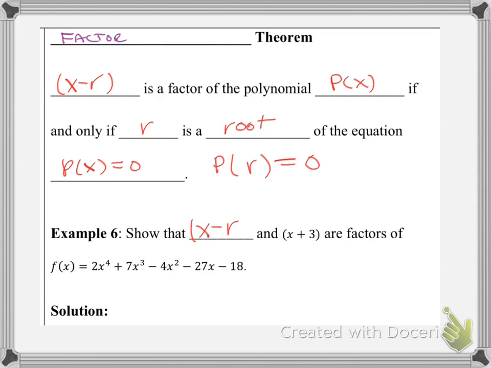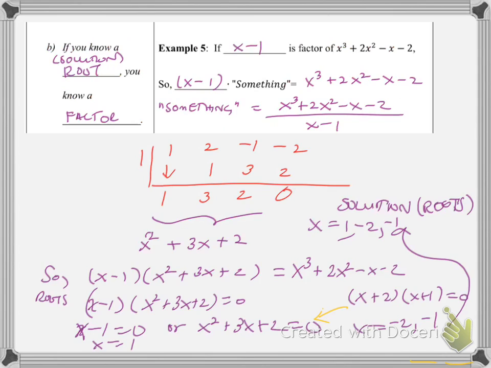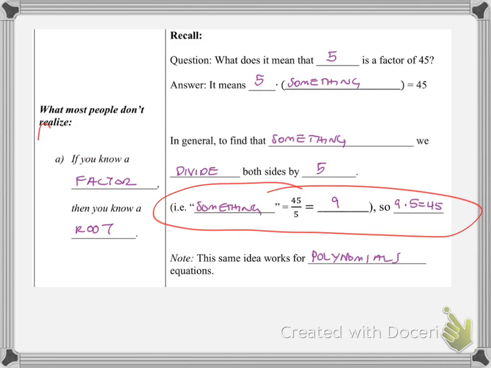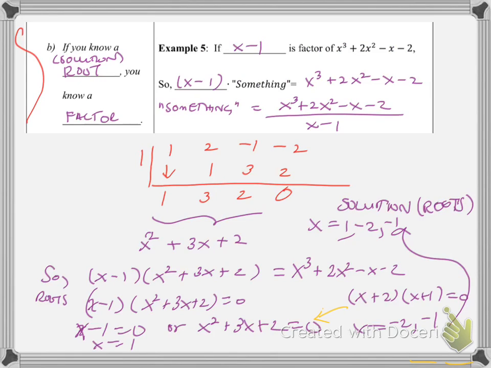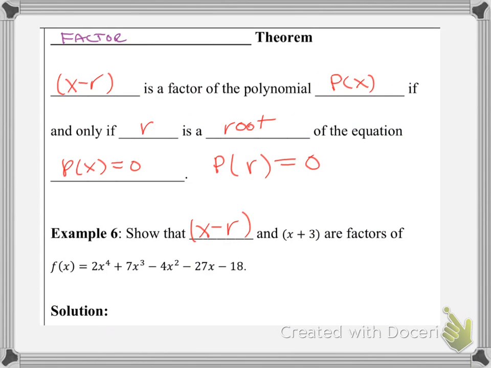Show that x minus 2 and x plus 3 are factors of this polynomial. Okay, so using this theorem, and again going back to this little side note here, if you know a factor, then you know a root. If you know a root, then you know a factor. What we can conclude is that, why did I put x minus r? x minus 2 on a number there.